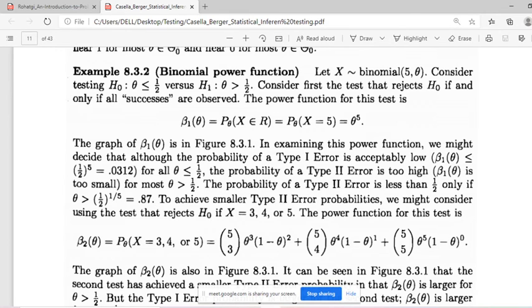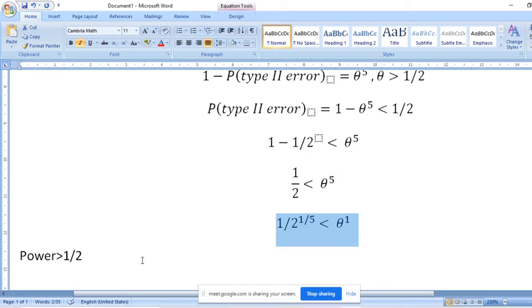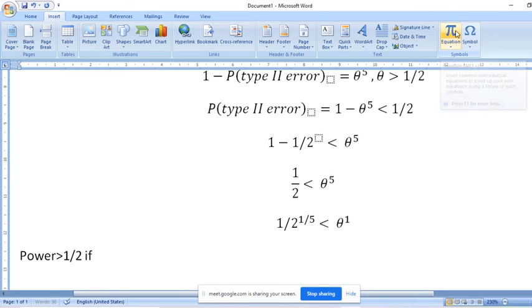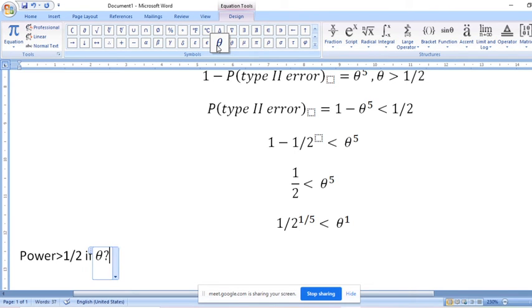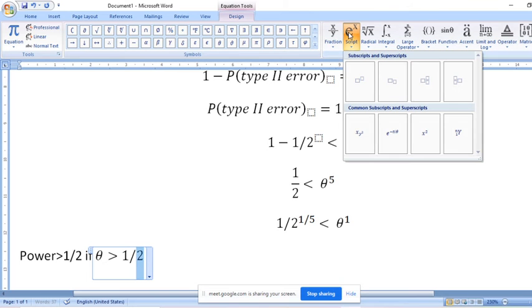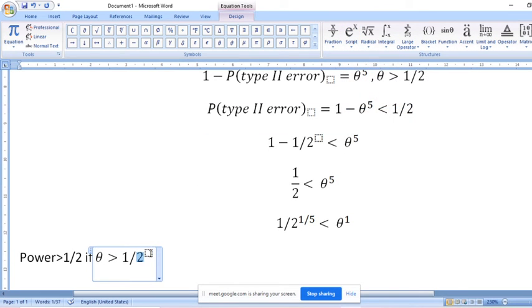So power will be greater than 1 by 2 if theta is greater than 1 by 2 raised to 1 by 5.